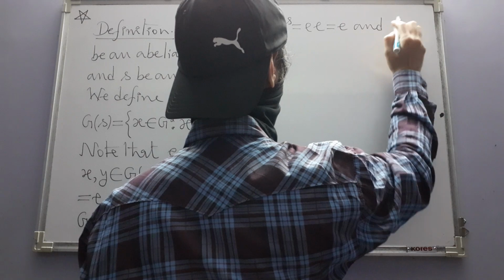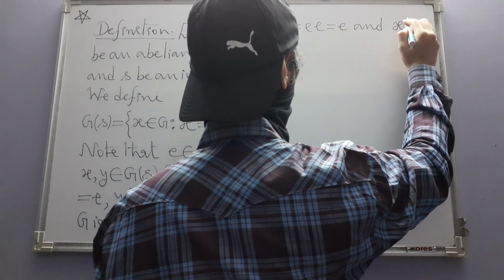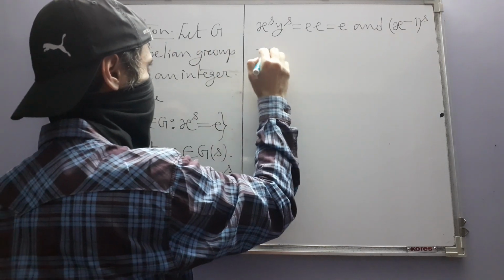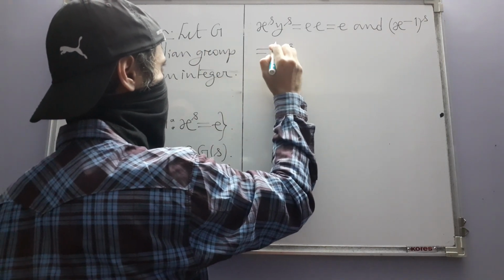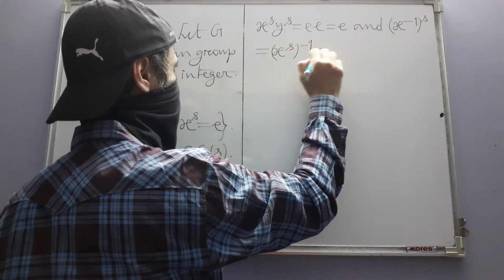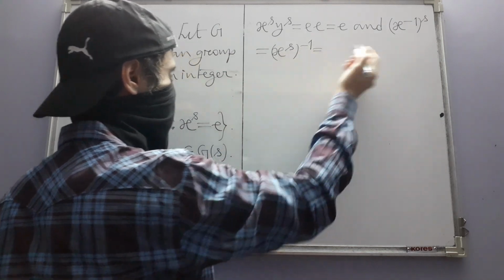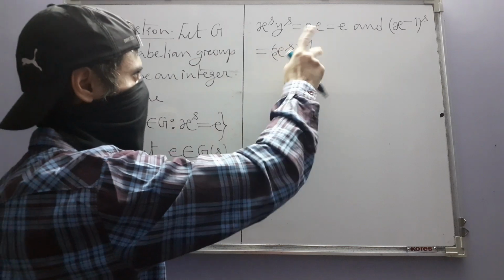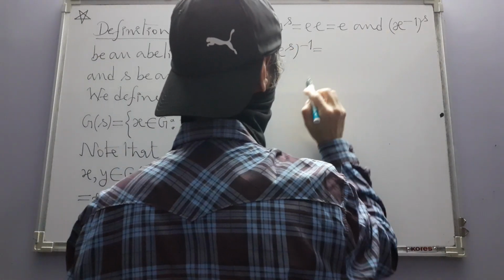And one more thing, using one of the rules of exponents, actually there are two steps, but I have written in one step itself. I have interchanged the positions of these two exponents.